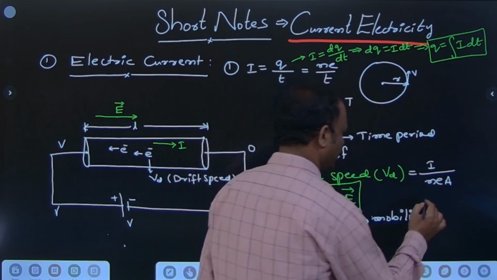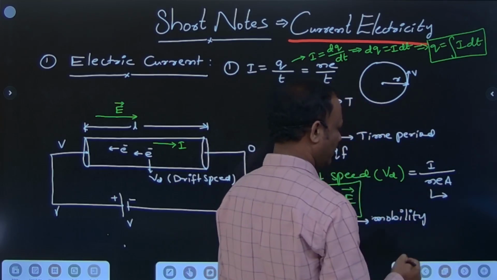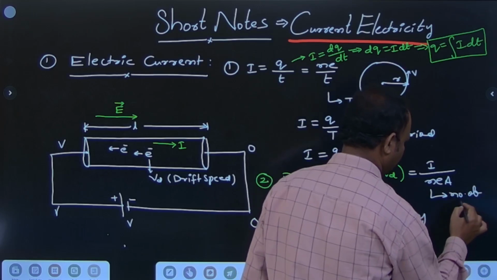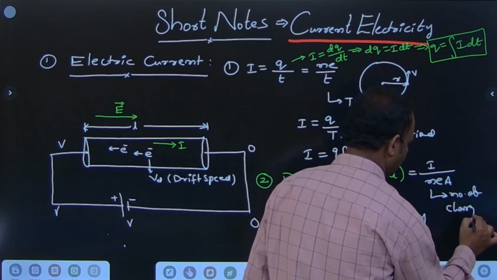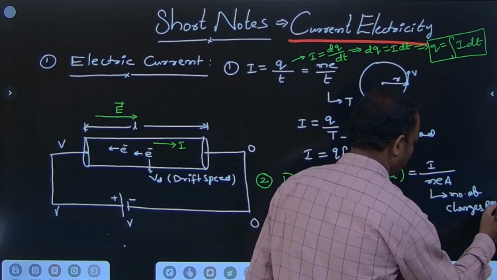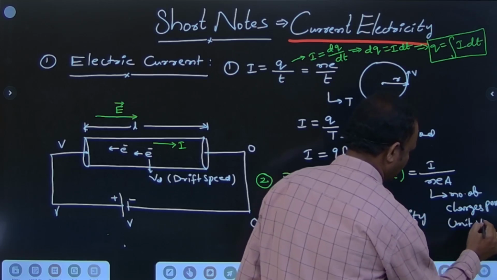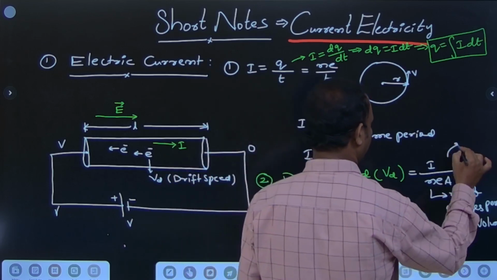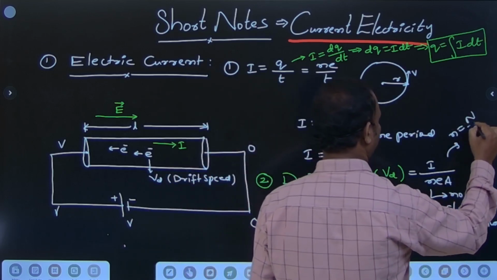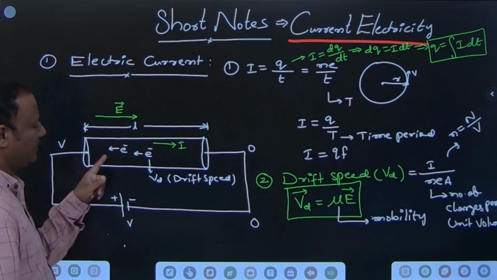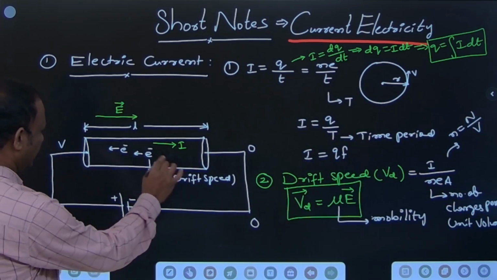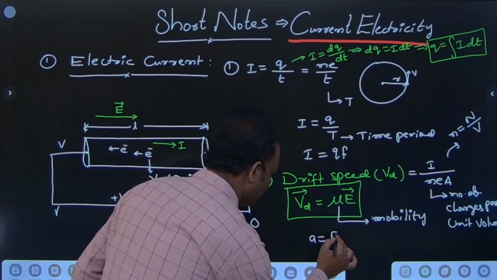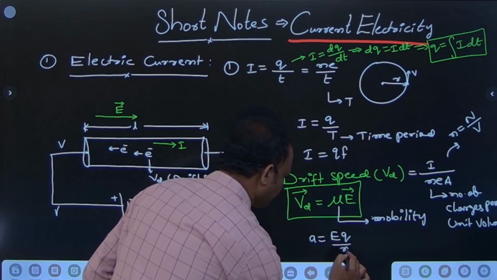N is the number density, the number of charges per unit volume. Number density we can also write as N is equal to capital N by V. When an electric field is created in the conductor, acceleration a is equal to eE by m.